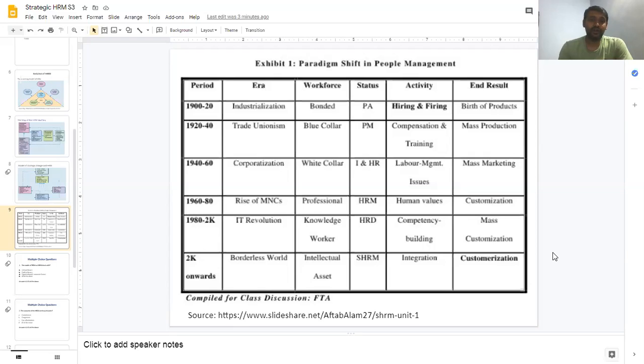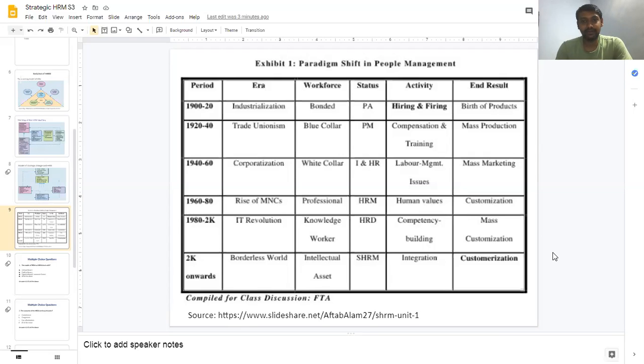Later, we moved on to the 60s to 80s, where the rise of MNCs came. MNC means multinational companies. There we found the workforce as professionals. Whatever employees are working in an office, organization or company are called professionals. The concept of HRM, human resource management, came into the picture.